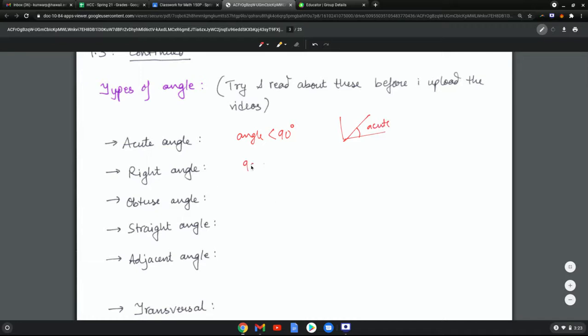A right angle is 90 degrees. Again, it's denoted by this square box. An obtuse angle is something like this, say 135. It's an angle between 90 degrees and 180 degrees. A straight angle, that's another way of saying something is 180 degrees.